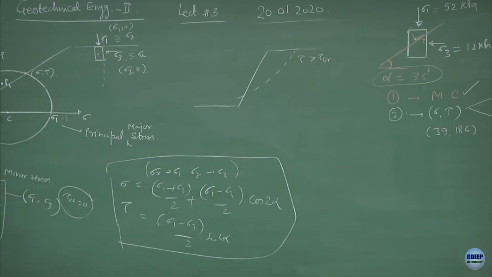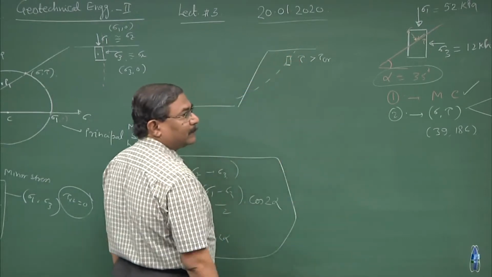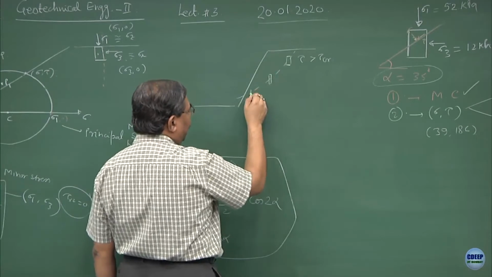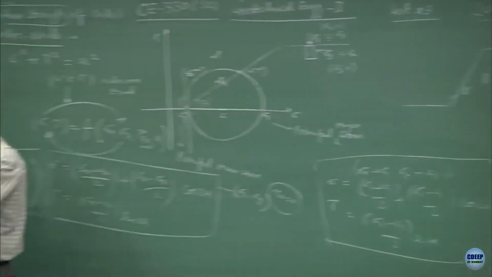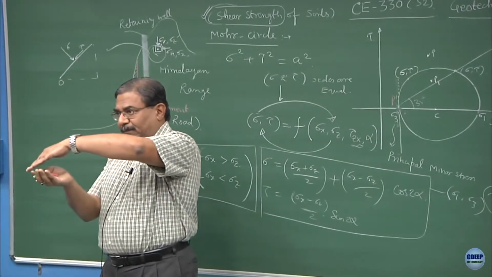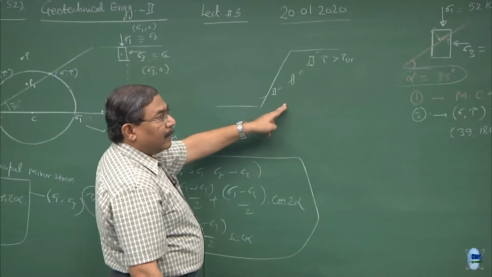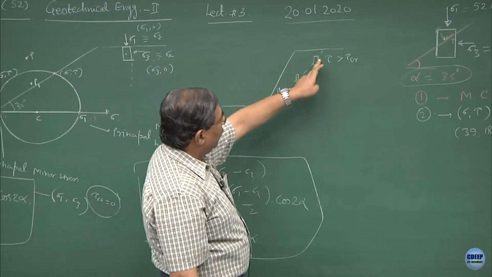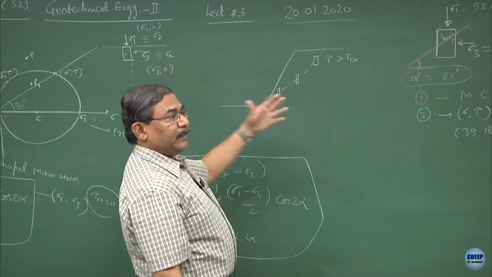So, the failure has to happen. At this point the element looks like this, at this point the element looks like this, at this point the element looks like this. Truly speaking, what is happening is the axis is getting rotated. So, we call this the rotation of axis, and what is going to happen if I am analyzing this type of situation from point 1 to 2 to 3 to n, how will the results change.